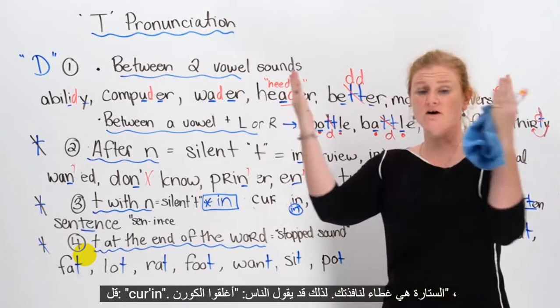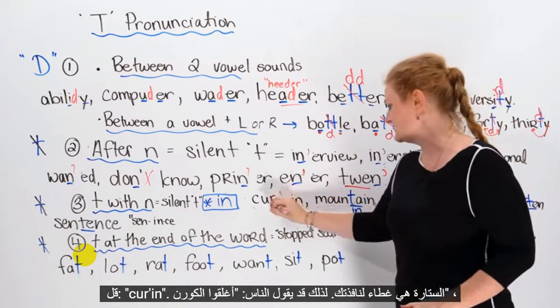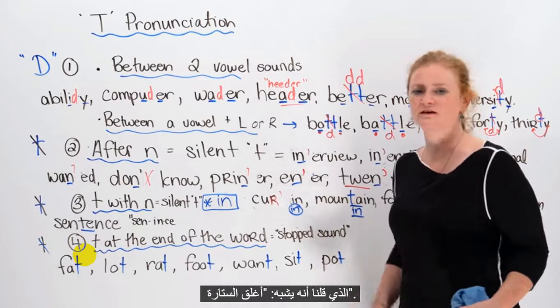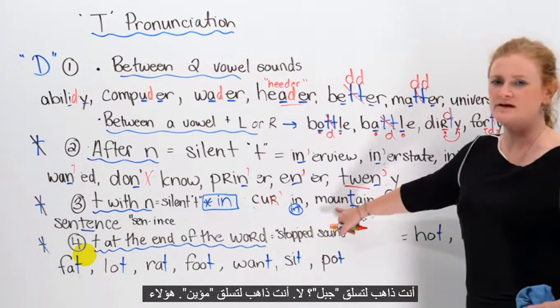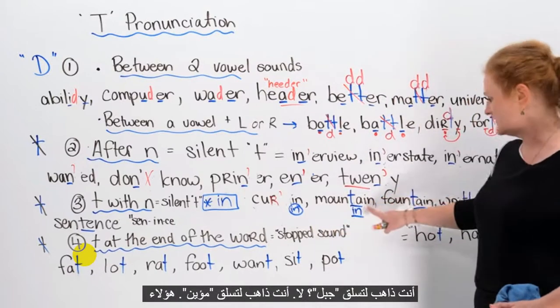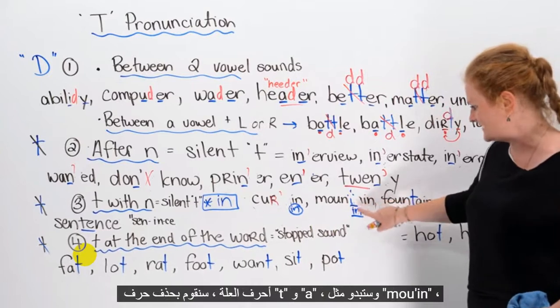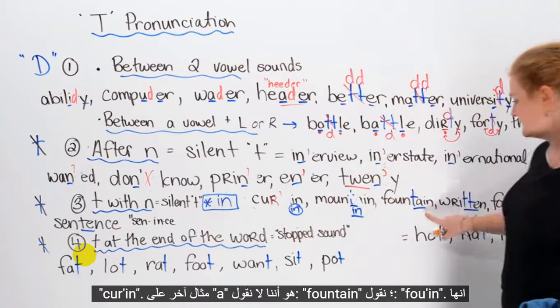A curtain is a cover for your window. So people might say, close the curtain. You're going to go climb up a mountain? No, you're going to go climb up a mountain. These vowels, we're going to take out the T and the A, and it's going to sound like mountain, curtain.